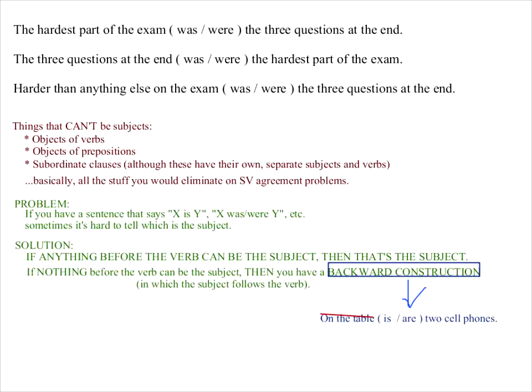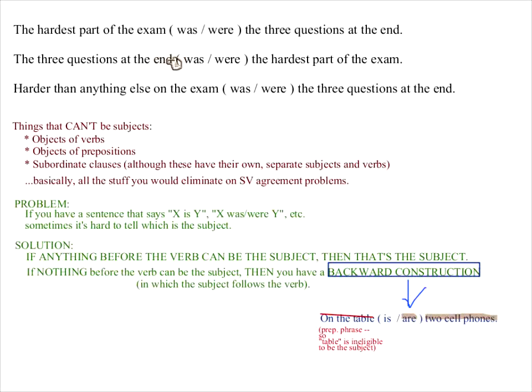This is a prepositional phrase, so therefore table is ineligible to be the subject. So the only thing that's left here is 2 cell phones. I mean, that has to be the subject. And so 2 cell phones are.